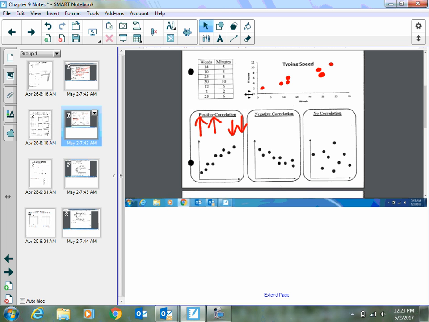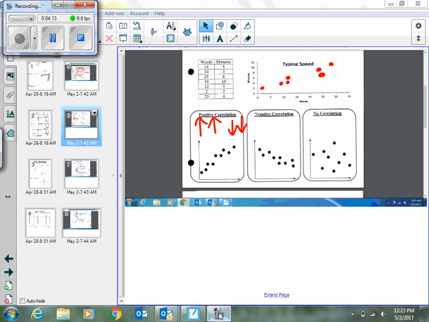So when temperature decreases, ice cream sales decrease. That's a positive correlation because they're both going down. But you could spin it too and say, as temperature increases, ice cream sales increase, right? So those are positive correlations. They're both going up or they're both going down. Does everybody understand that? All right, at your table, come up with your own positive correlation.